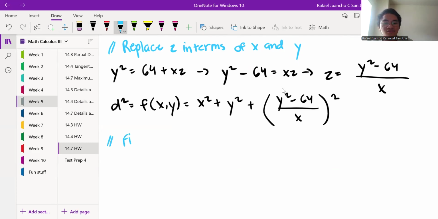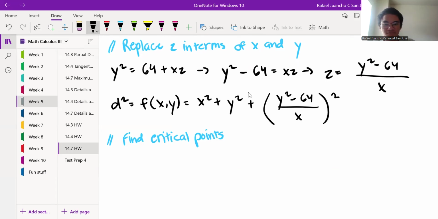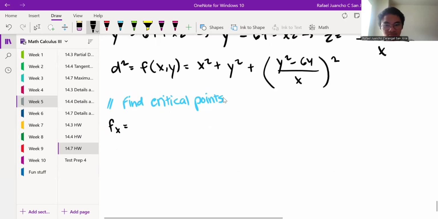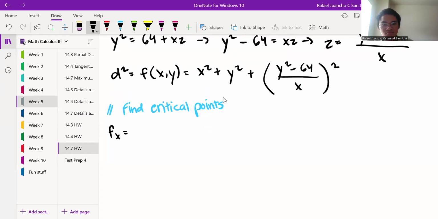Anyway, so here we again find critical points. F sub x. So I just take note of what I have here.